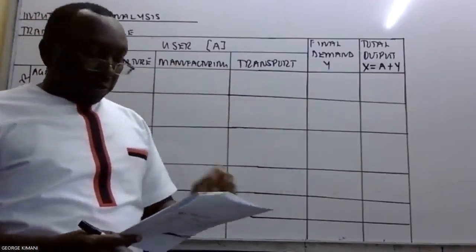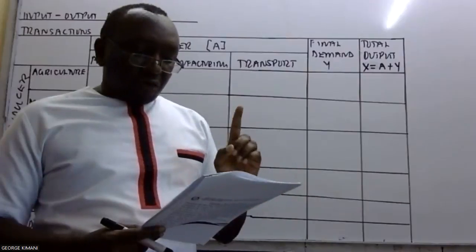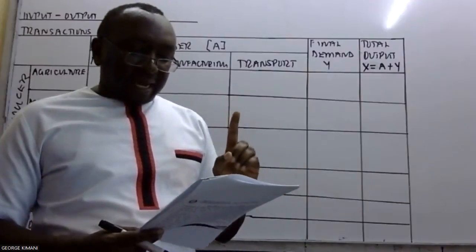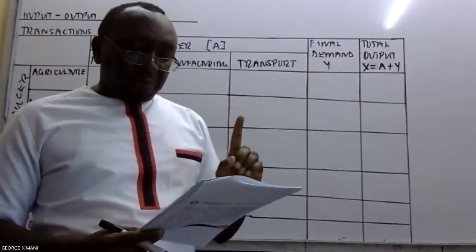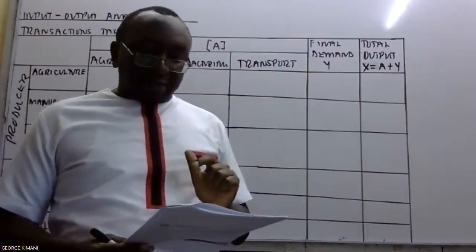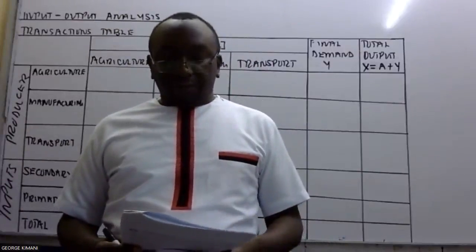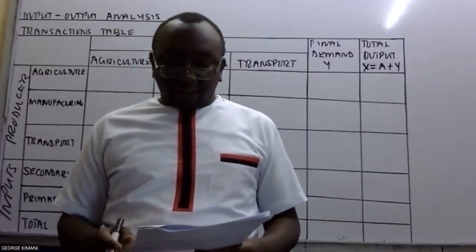So when they say in the second sentence, production of 1 unit of agriculture requires 0.5 unit of manufacturing, the word requires, is that talking about input or output, as far as agriculture is concerned?